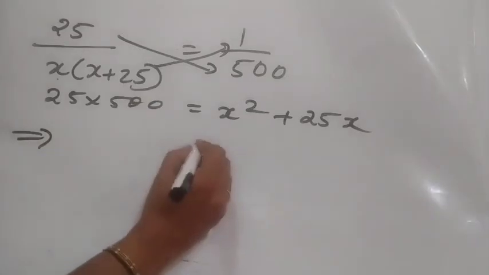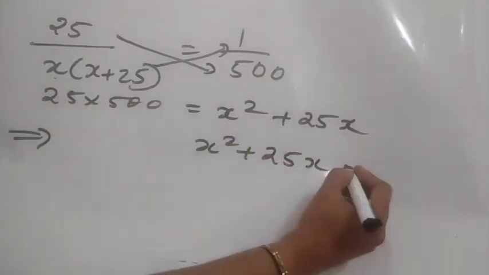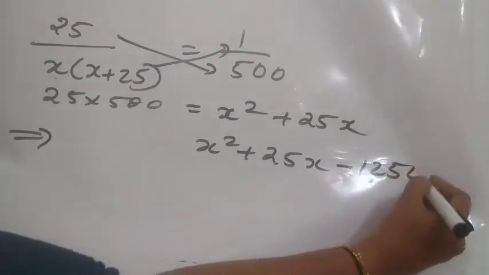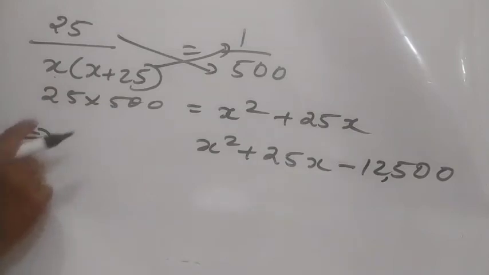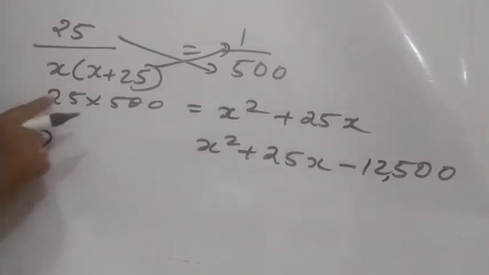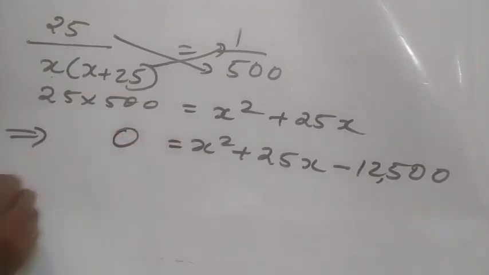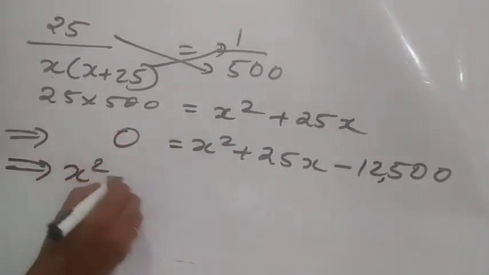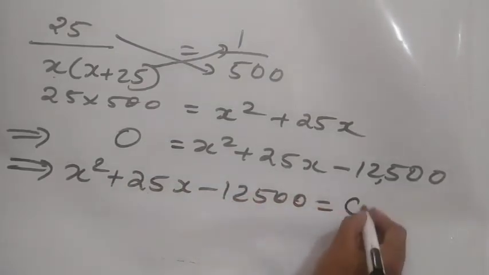That is x square plus 25x equal to 25 into 500, which is 12,500. We write it to the right side as minus, equal to 0. So we have x square plus 25x minus 12,500 equal to 0.